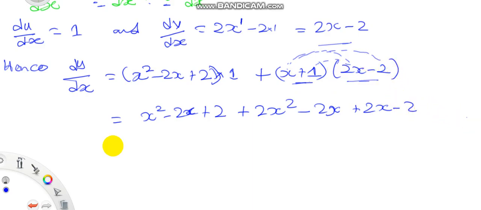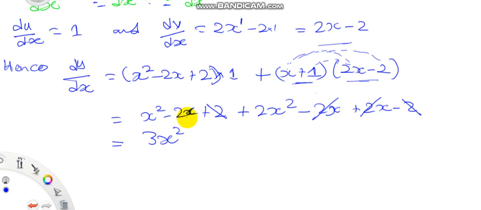Now let's see if there's anything we can cancel out. Minus 2x cancels plus 2x, because it is like adding one bread and then taking one bread, which is 0. Plus 2 and minus 2 also cancel each other out. We have 1x squared and another 2x squared, which gives us 3x squared.